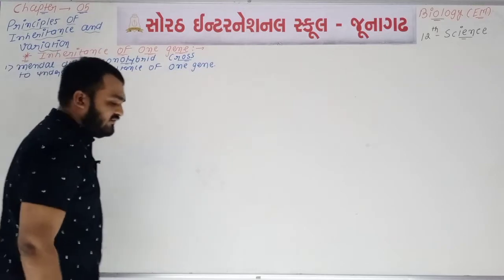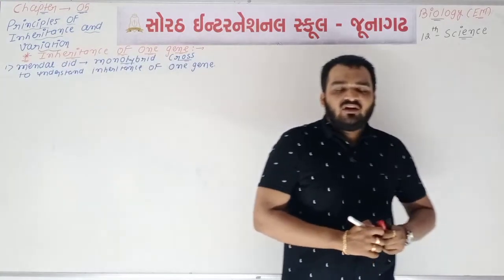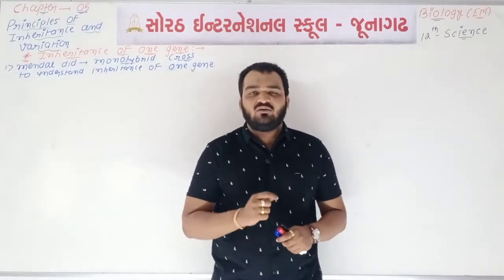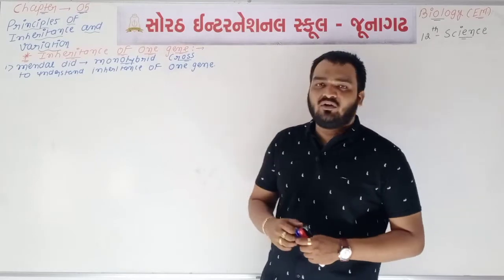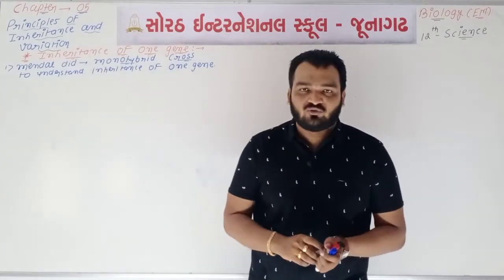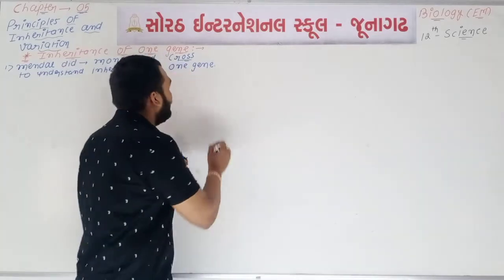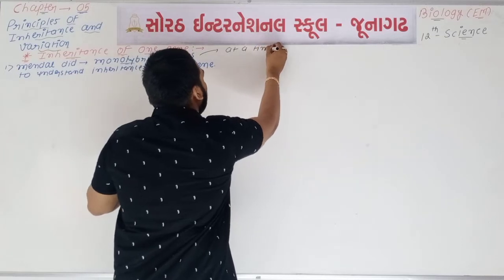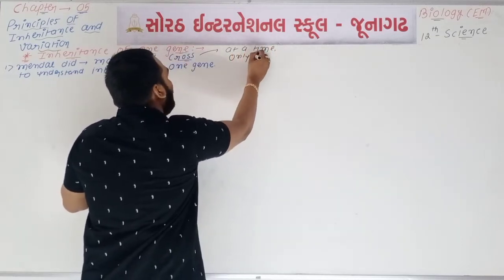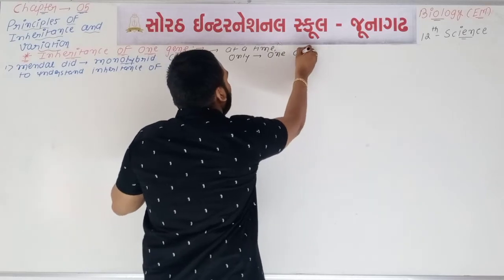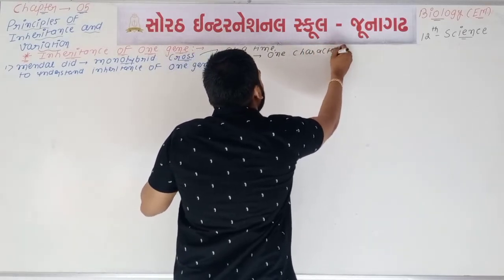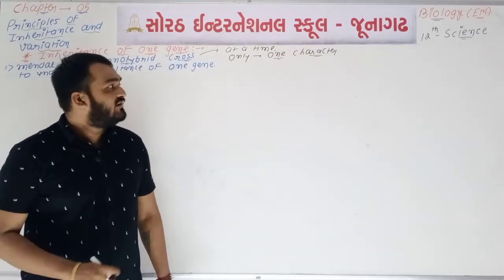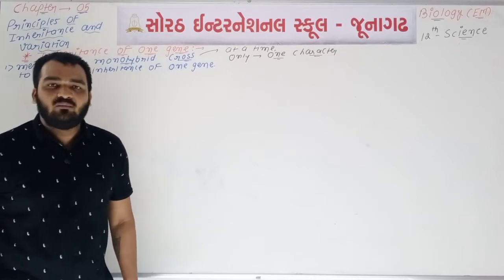For understanding the inheritance of one gene, one experiment was done, known as monohybrid cross. Remember, in monohybrid cross only one character is observed at a time of inheritance.